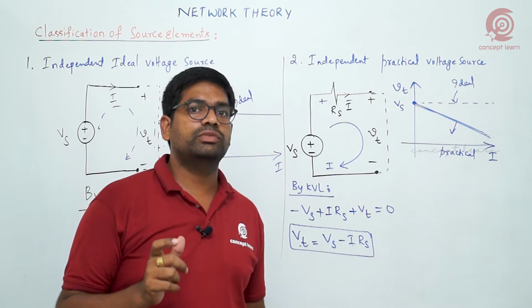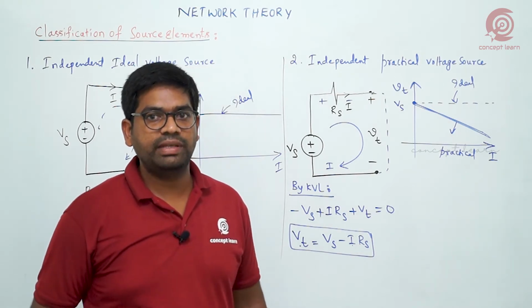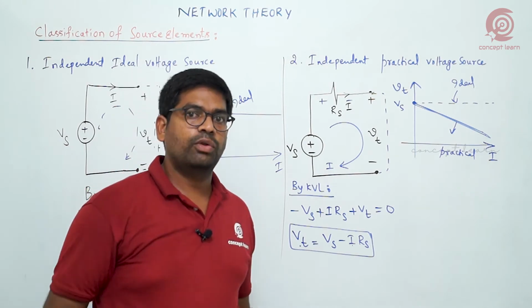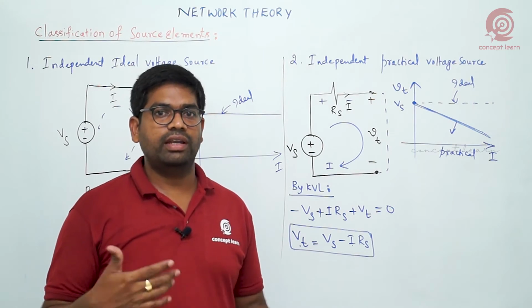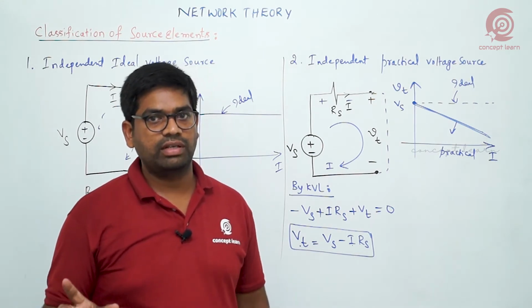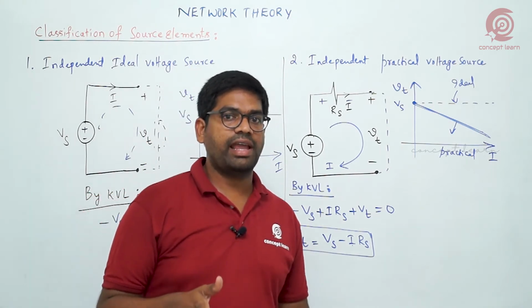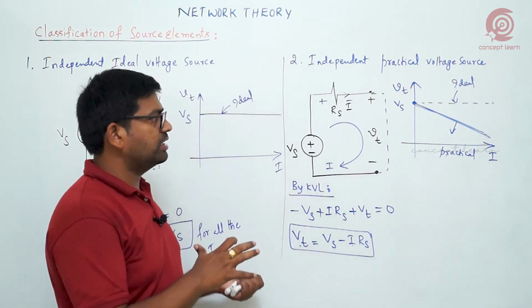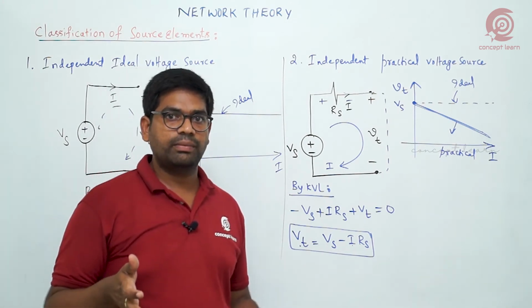Reason is their VI characteristics are not like a passive behavior, because the slope is negative. But from the overall network point of view, you can name it as the passive network only. We are restricting that towards only the element category here. So sources generally have active nature. Got the point?